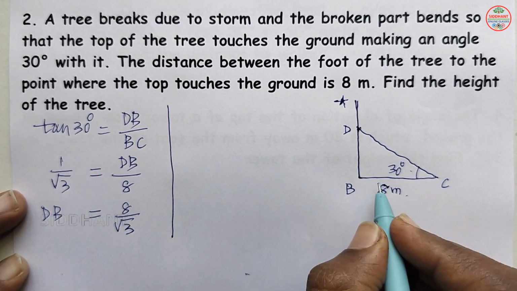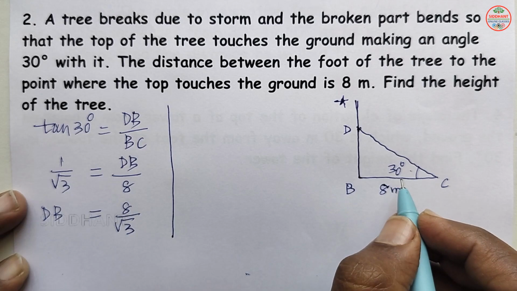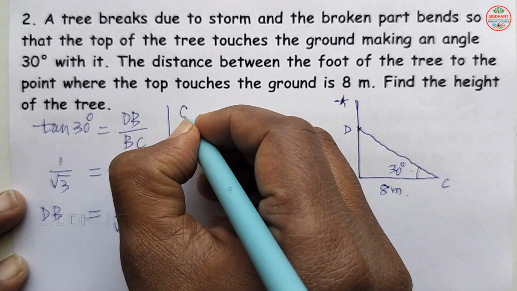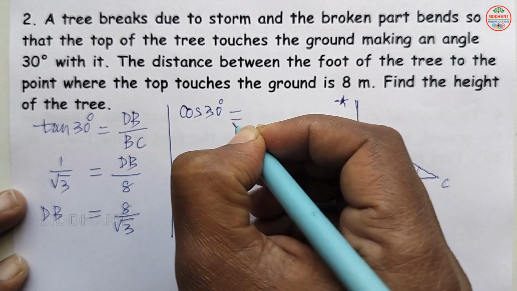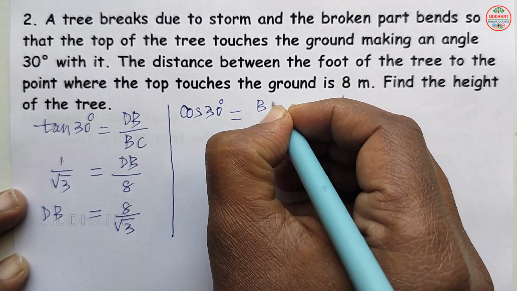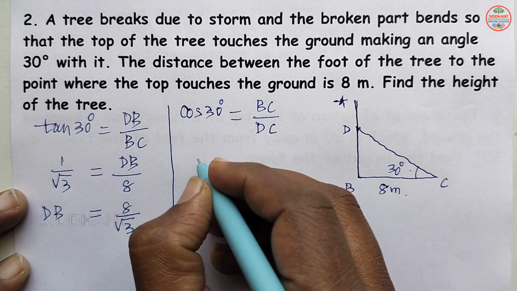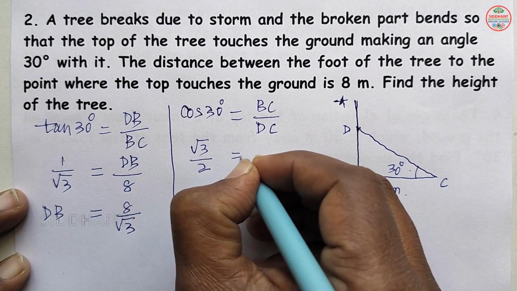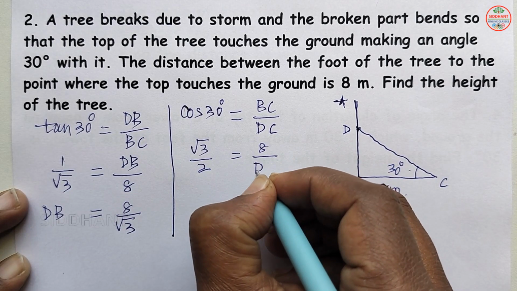Now we have to find DC. How are we going to find DC? Cos 30 we are going to take here. So cos 30 will be BC by DC. Cos 30 is root 3 by 2, and BC is given as 8, DC we are going to find out.